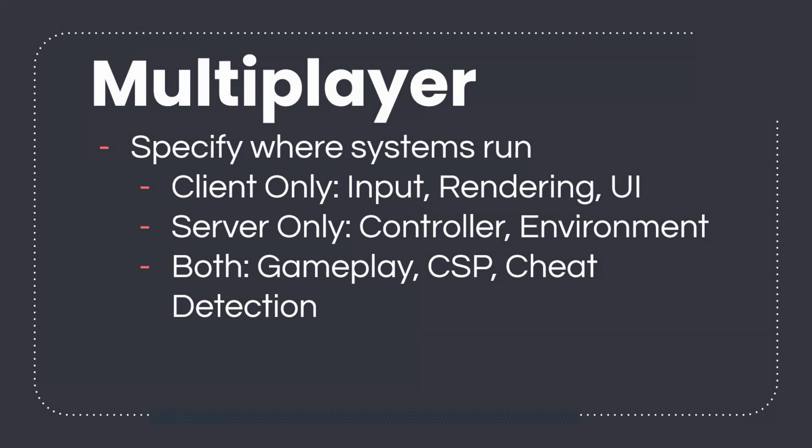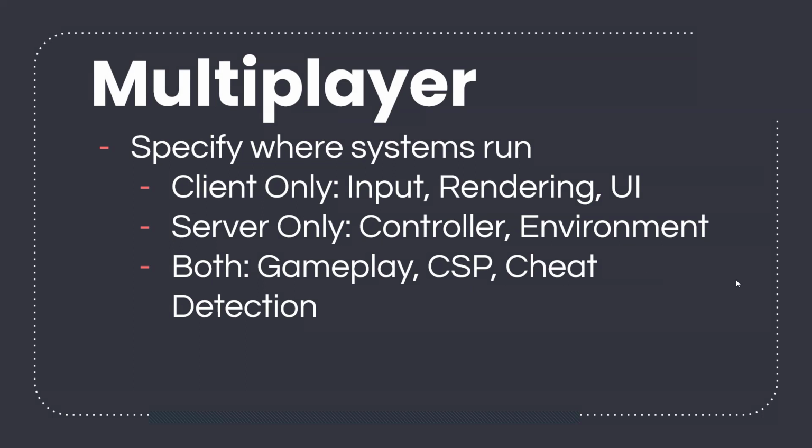And stuff that you want on both is like client-side prediction. You have to compare the client's position versus their position on the server, so you'll need both for that. So you can determine where you're running your code and then modularly implement whatever behavior you want.